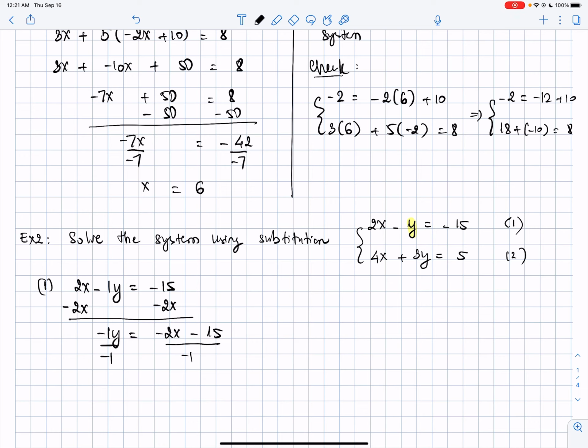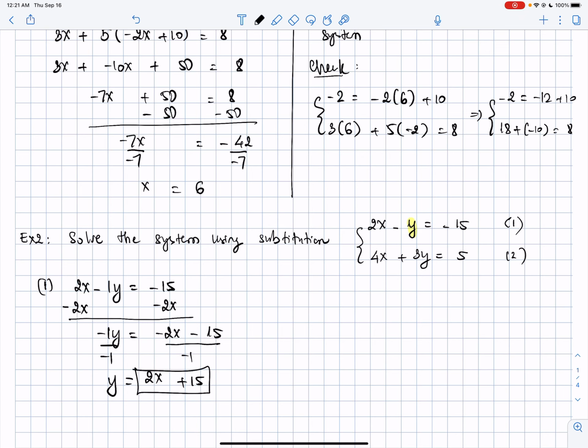If the number in front of y is 2 or 3 or 4, when we divide, maybe it's not divisible. So we should be smart and choose the variable whose coefficient is 1 or negative 1. In this case, it's negative 1. Then y equals 2x plus 15.